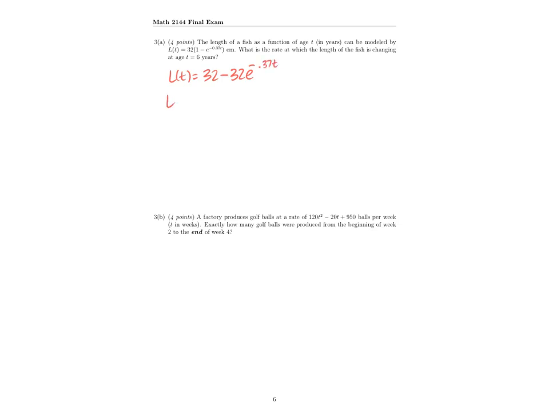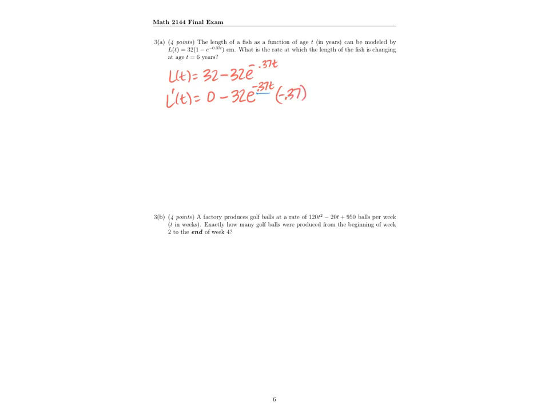Now let's take the derivative. L prime of t. The derivative of that constant is 0 minus, and this is a constant multiplied by a function of t, so that 32 is going to stay put. Then I'll have e to the minus 0.37 t, and then the chain rule says I take the derivative of this inside part, so the derivative of negative 0.37 t is negative 0.37.